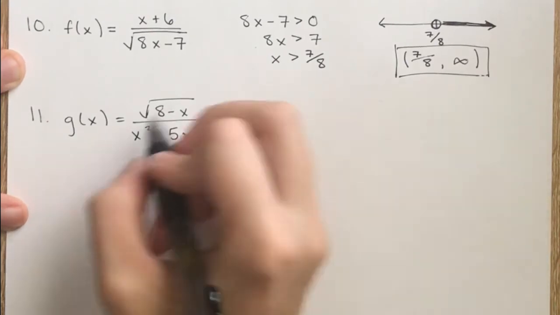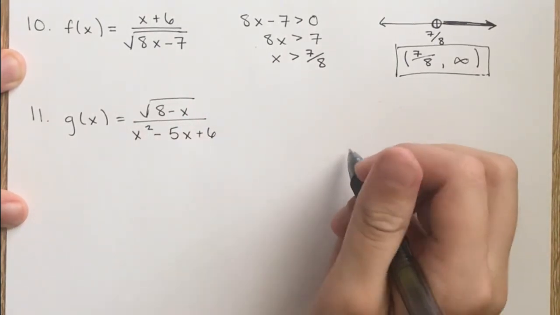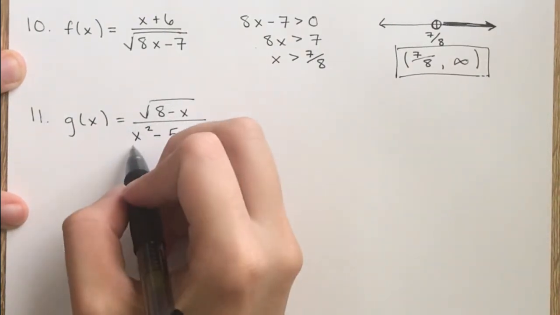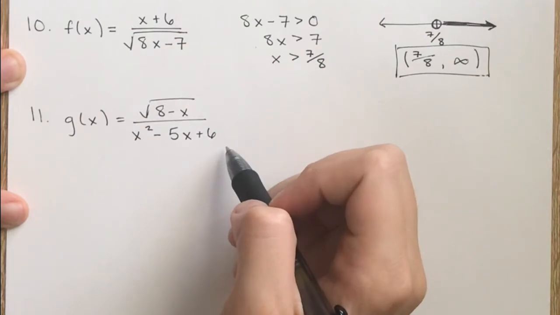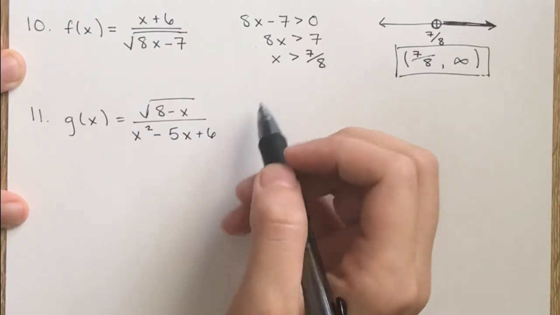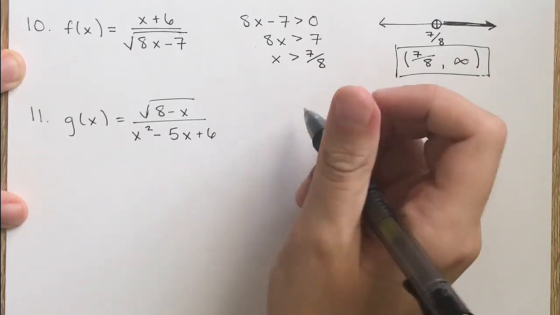Okay, we're really getting our factoring practice in this lesson. So we have two things here. Again, we have both a denominator and a square root function. So we want to take each of them and deal with them individually.